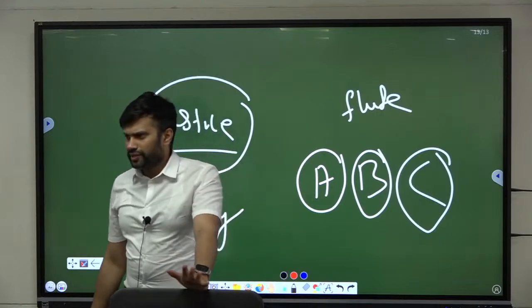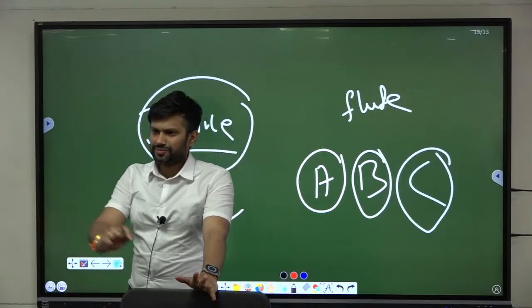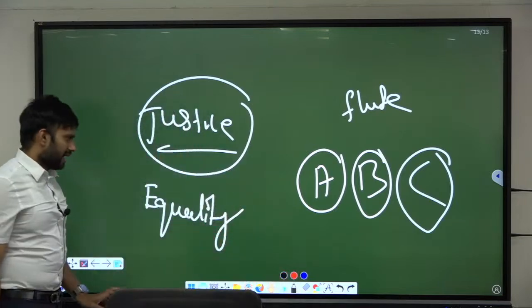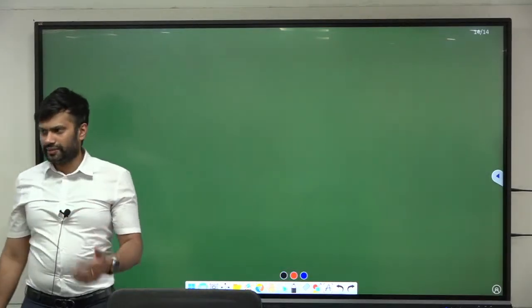I think already in polity you would have read the same thing: the Marxist concept of equality, the liberal concept of equality, the feminist concept of equality, and the difference between equality and equity.